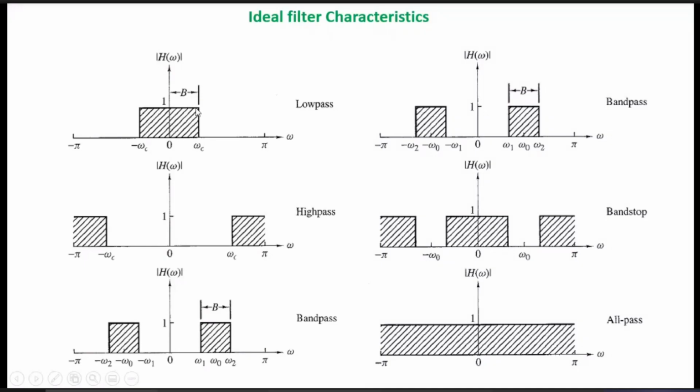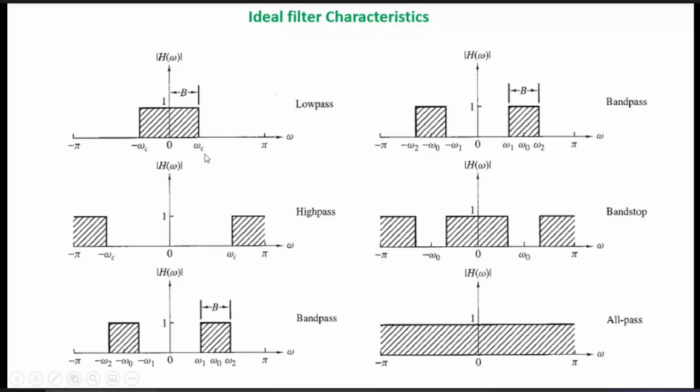So it tells the bandwidth B, and you see the frequency goes from minus pi to plus pi, because it is a digital frequency. In the discrete domain we use this frequency.